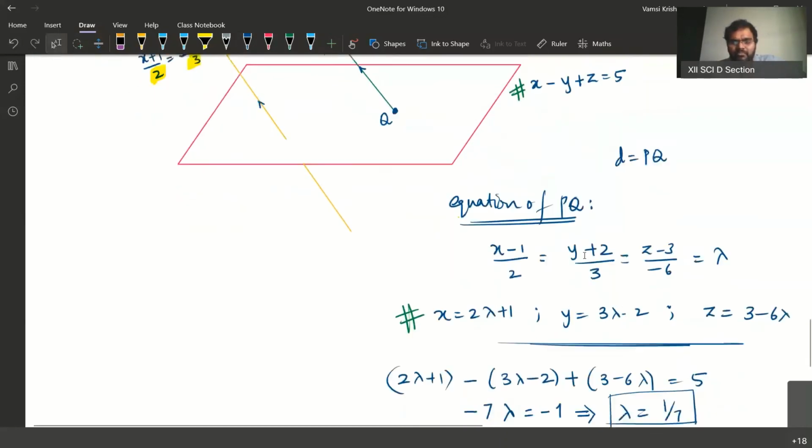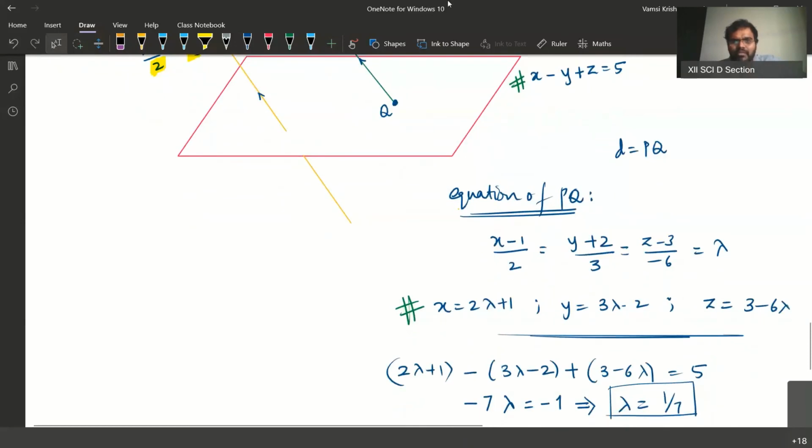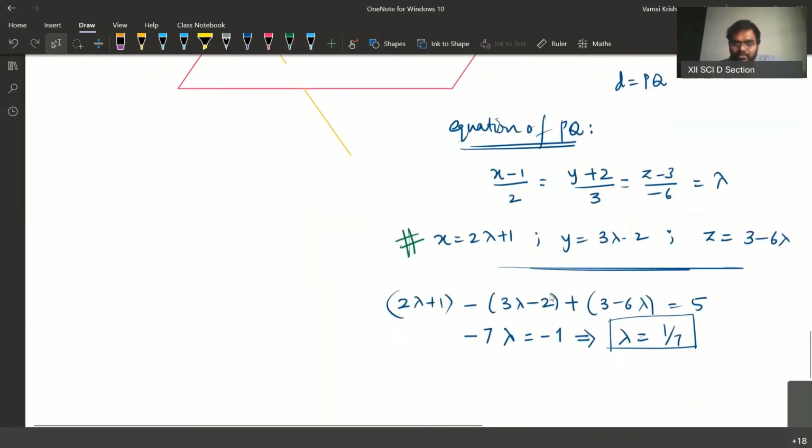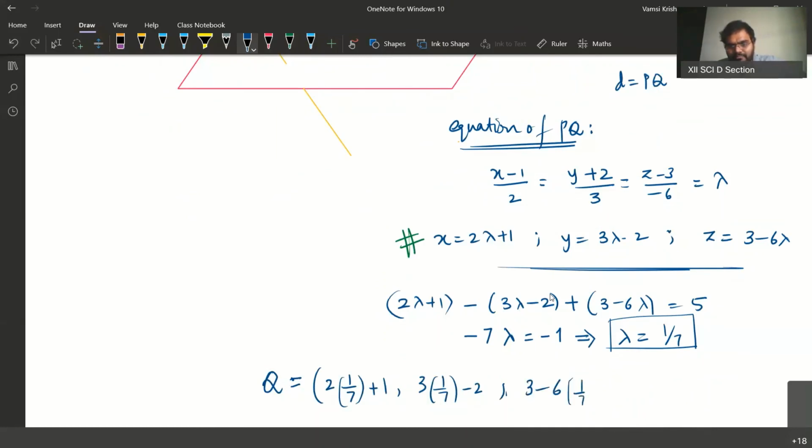So we took the general point on the equation of line. We have substituted it in the plane equation and we got the value of lambda. Now once you get the lambda, substitute this lambda. So the coordinates of Q will be 2 lambda plus 1, that's the x coordinate, 3 lambda minus 2, that's y coordinate, and z coordinate is 3 minus 6 lambda.